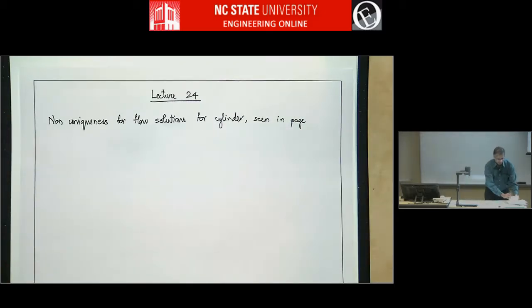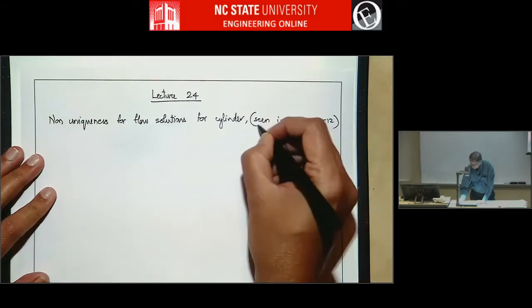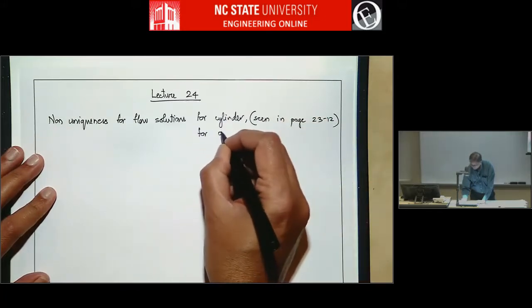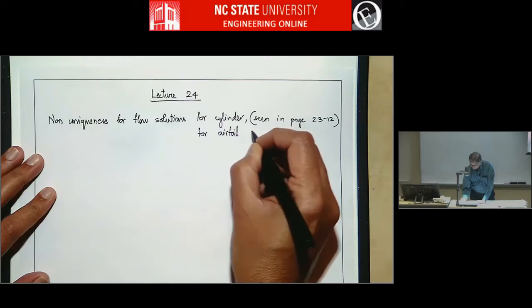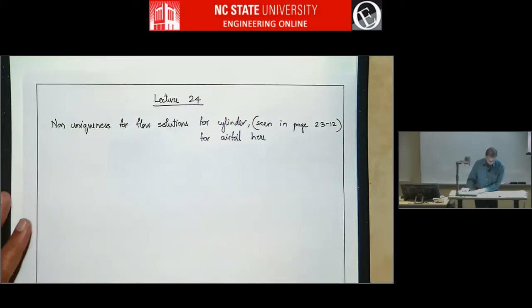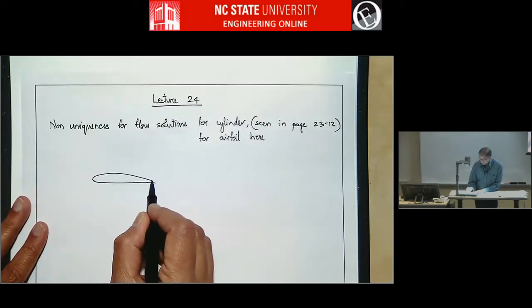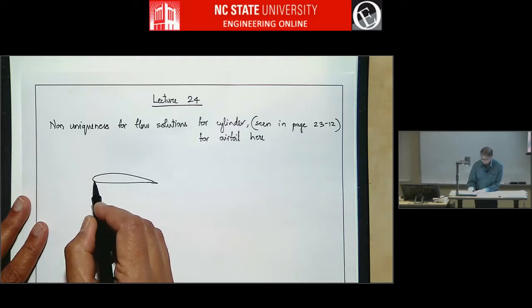So we saw that in page 23-12. And for an airfoil here, we're going to see that now. So for example, if you have a flow past an airfoil, you could have a flow like this.